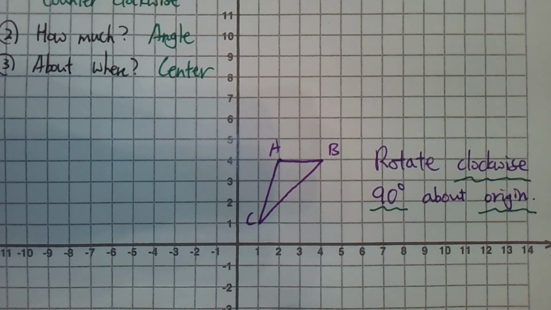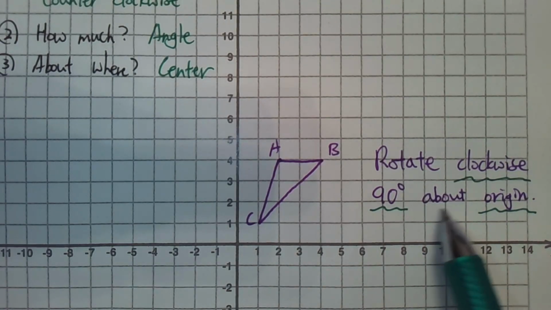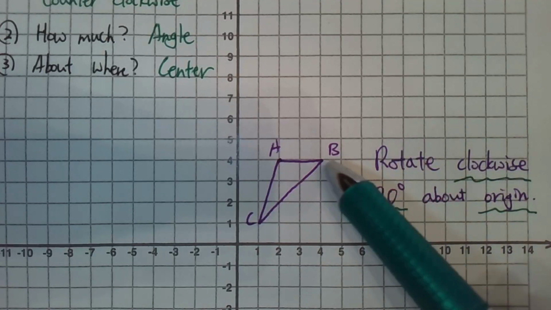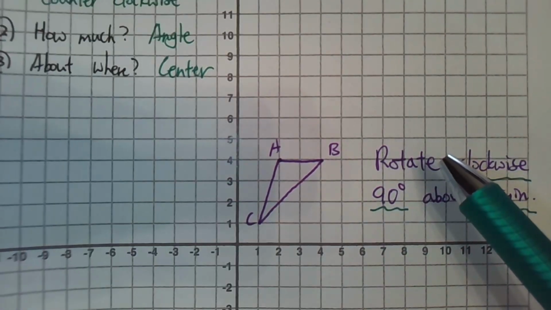Now, before I actually show you how to do that, let me talk about the center of rotation real quick. In this example, we're going to rotate about origin. But let me show you what that center of rotation does. I'm going to turn this paper.